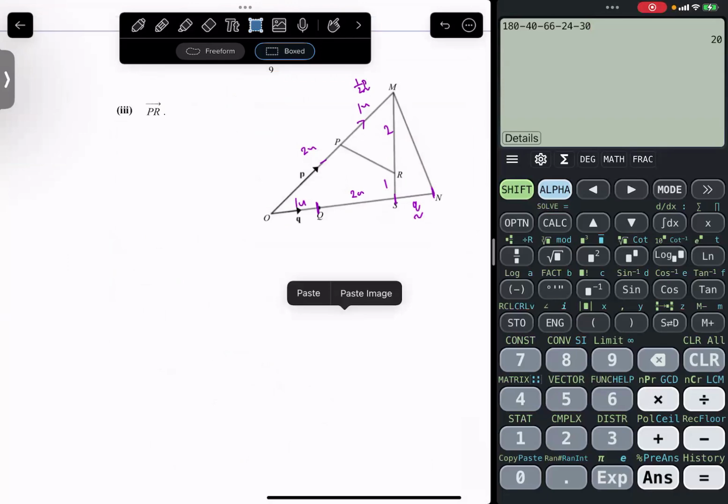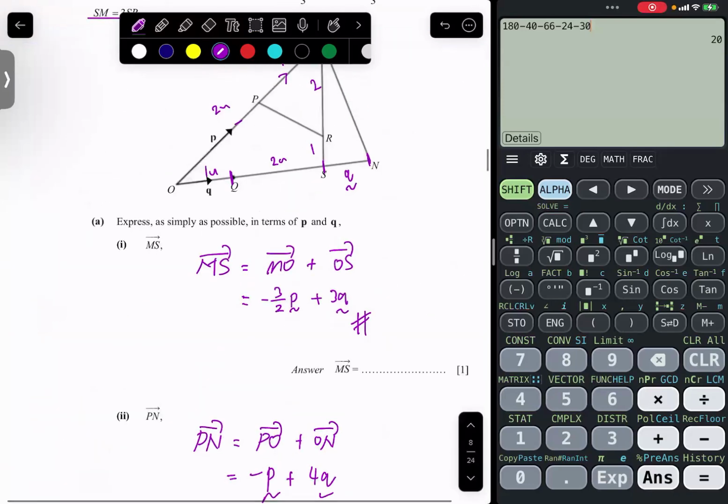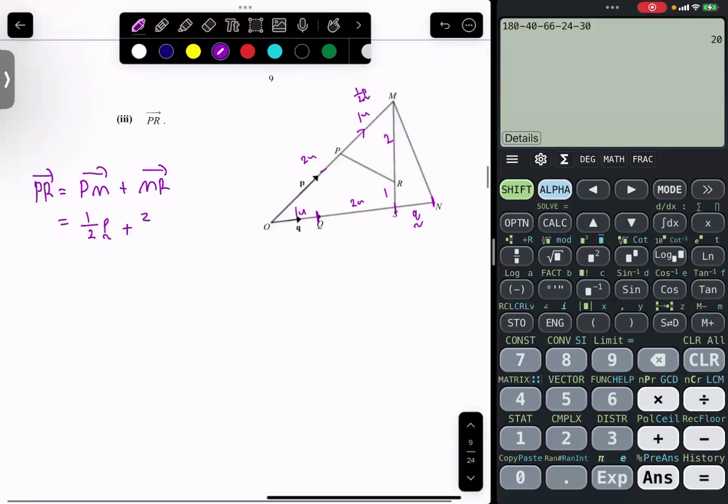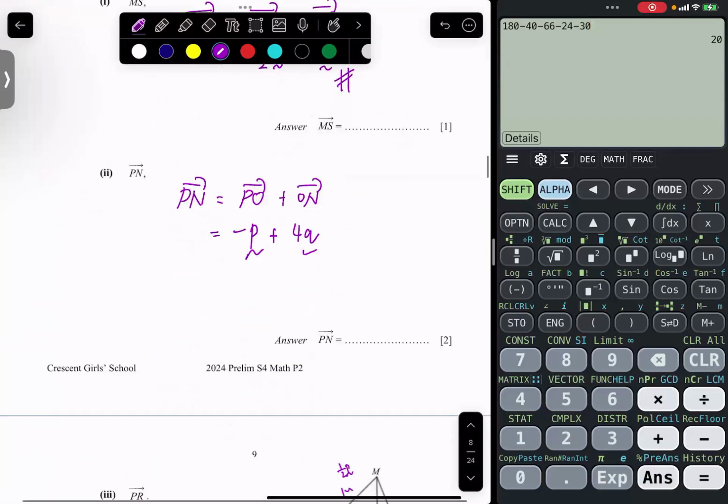To find PR, what I can do is PM plus MR. The problem is I don't have MR, but PM I do know: PM is half P. MR is actually 2/3 of MS. So half P plus 2/3 of MS. MS is negative 3/2 P plus 3Q.